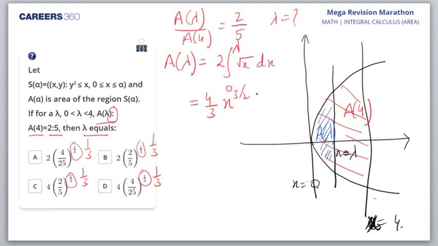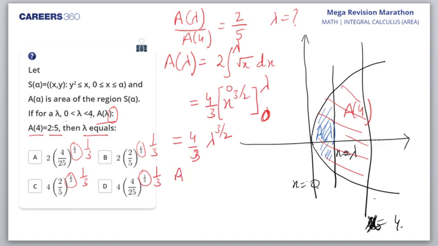Am I right? And I'll put 0 and lambda as the limit. So what do I get? I get 4 by 3 lambda raised to power 3 by 2. Is it okay with the students? 4 by 3 lambda raised to power 3 by 2.